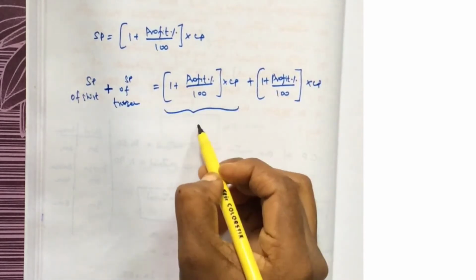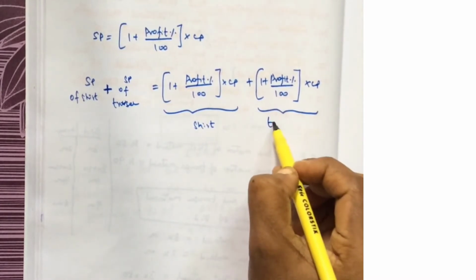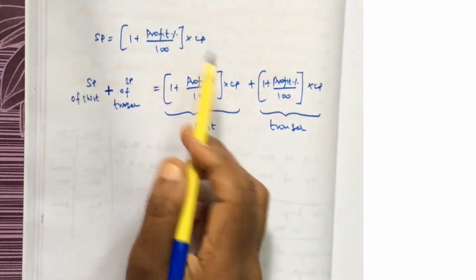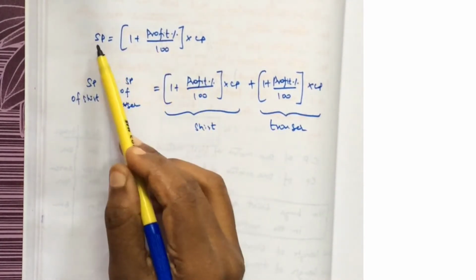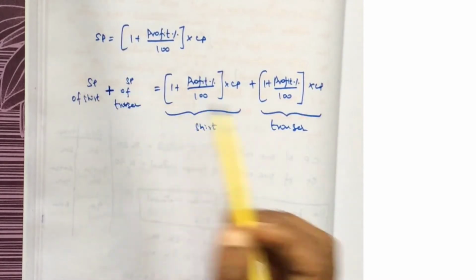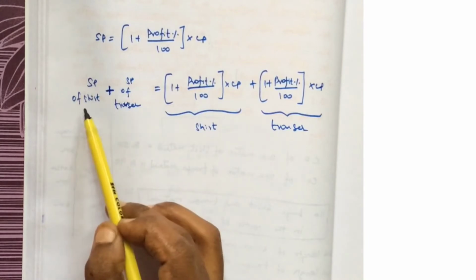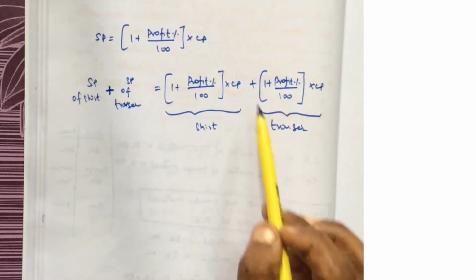So this first thing is for shirt and this second thing is for trouser. Okay, you know this formula, from this cost price, profit percentage and selling price. So I am adding selling price of shirt plus selling price of trouser. For selling price of shirt this is a formula, for selling price of trouser this is a formula.